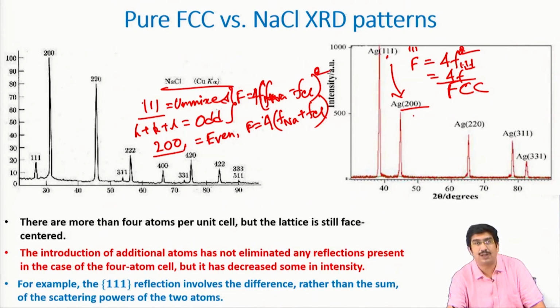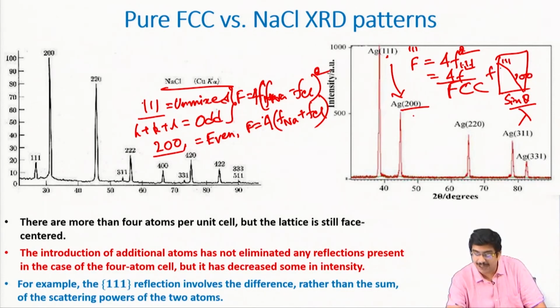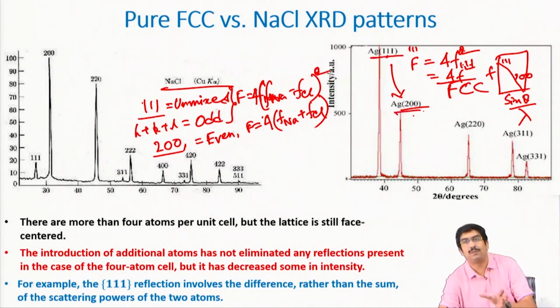That is why 111 is the highest. If you remember, the atomic scattering factor changes with sin theta by lambda, and sin theta by lambda for the 111 peak is completely different from that for the 200 peak. That is why the 111 peak will be the highest and the 200 peak intensity will be lower for a simple FCC.